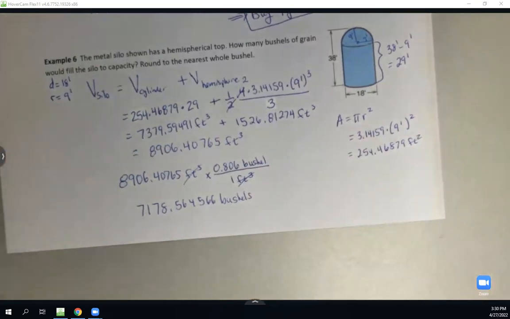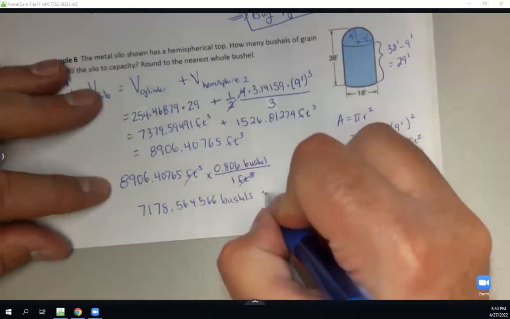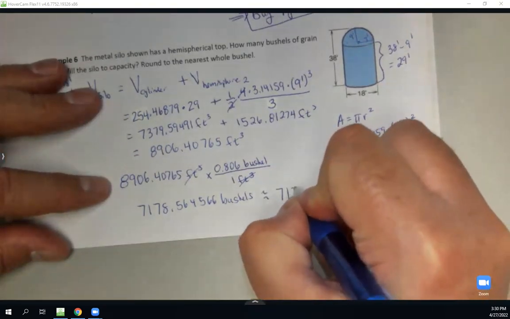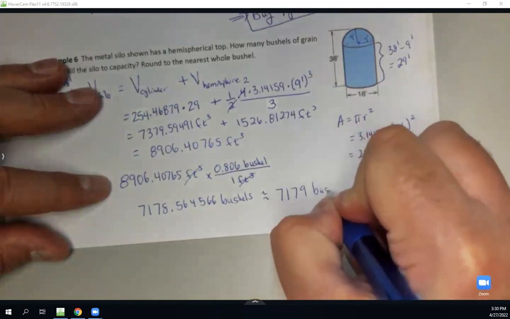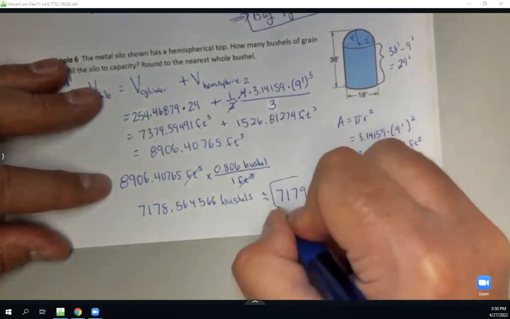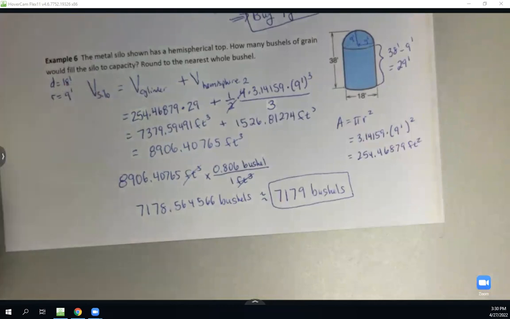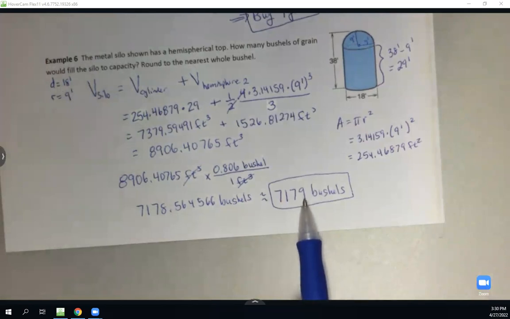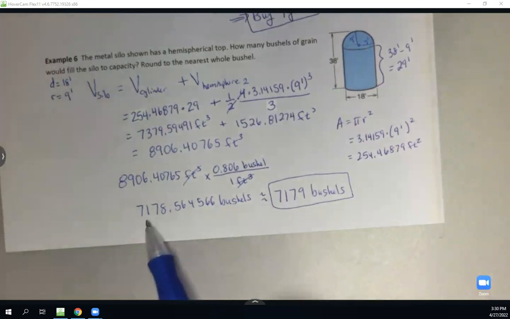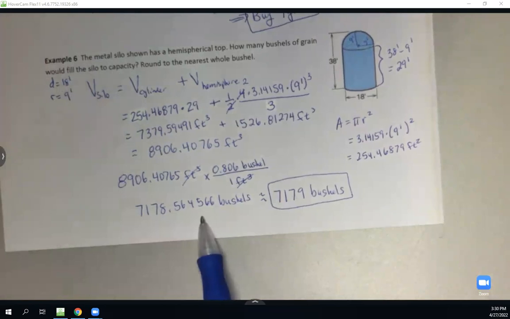And it said round to the whole bushel. So that would be about 7,179 bushels. The truth is, I really probably should round down, because if this is the maximum capacity, I don't really have any room to cram that extra little bit here.